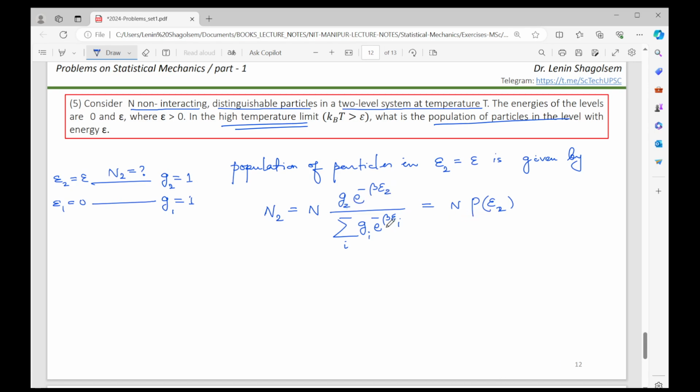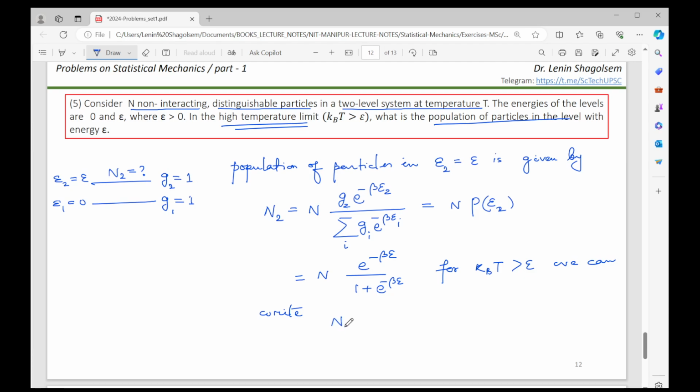Okay, so if you follow the same process, what we will have is n times e to the minus beta epsilon divided by 1 plus e to the minus beta epsilon, which under the high temperature, or say for kBT greater than epsilon, we can write as follows.